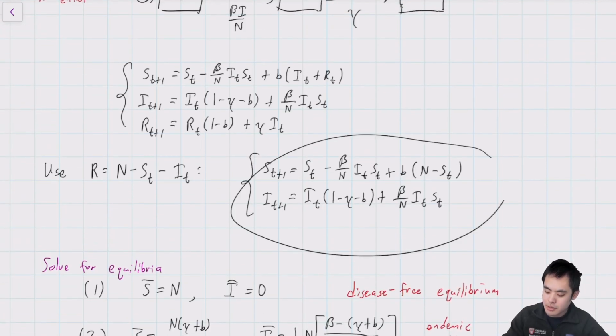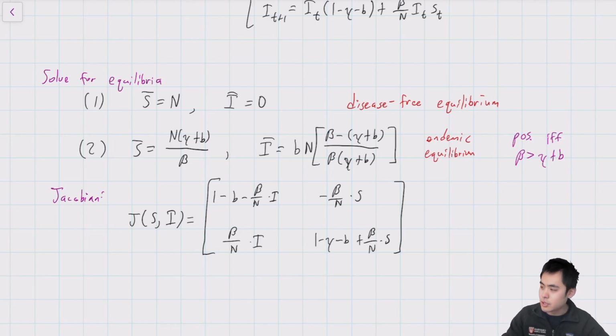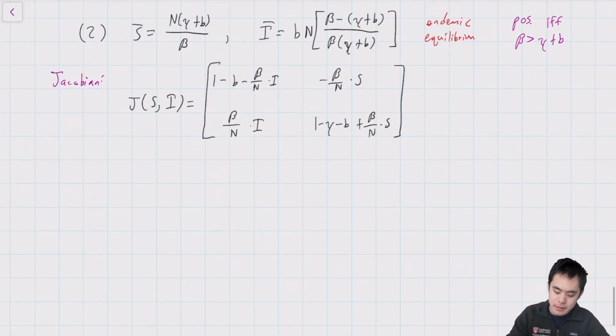When we do that, what we get is 1 minus b minus beta over n times I, minus beta over n times S, beta over n times I, and 1 minus gamma minus b plus beta over n times S. So you should take some time and verify these steps individually if you're not comfortable doing partial derivatives, since this is something I expect you to be able to do, and so I'm not going to walk through it every single time.